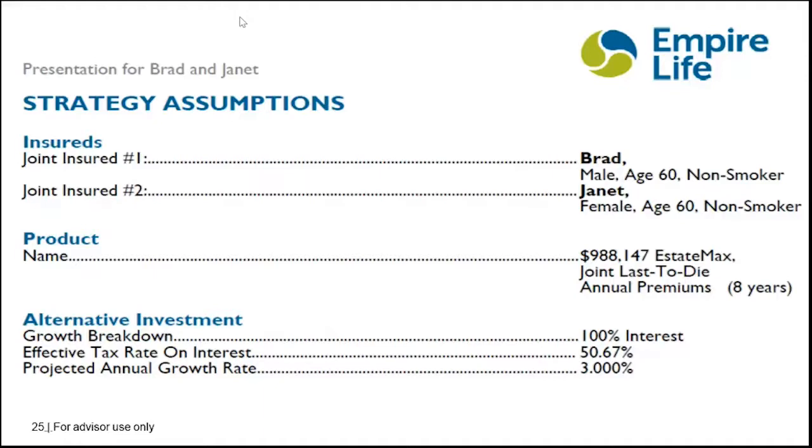It has the same tax rates, alternative rate of return, and also prepared using the paid up addition dividend option with Estate Max. This time, one of the first things you may note is it purchases almost $1 million of initial coverage instead of just under $900,000 with the guaranteed 8-pay Estate Max, an increase in the initial coverage of over $96,000.